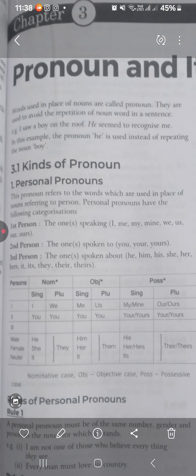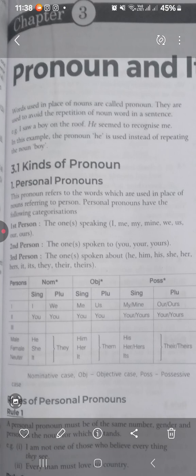If I'm saying something and again and again I use my name or another name there, it is really not good. So what we do, we just use a pronoun in lieu of that name. Okay, you can see an example here.